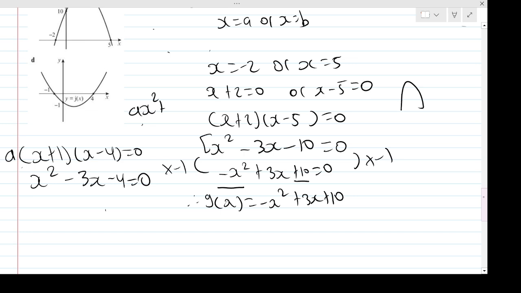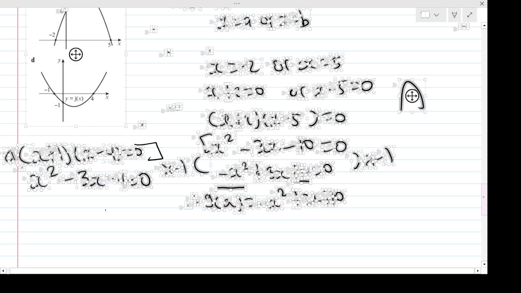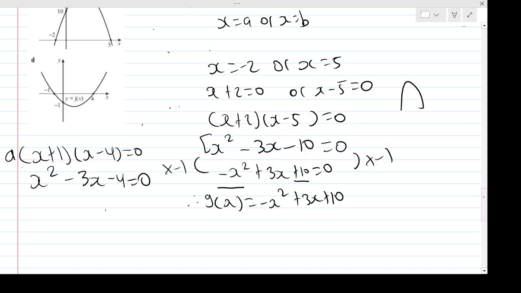So we have ax squared and so on, which should be a here. The reason for that is because notice this is equal to 0, right? So when this is equal to 0, if I divide by a, I get the exact same factorization, and nothing changes with the roots.